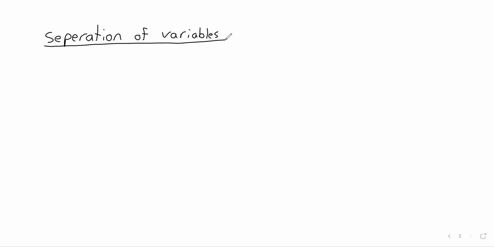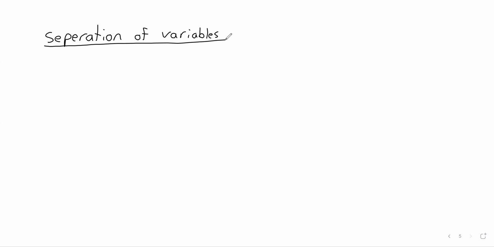Separation of variables. So we are told again and again and again that when we see these dy's and dx's, they're not real physical objects.